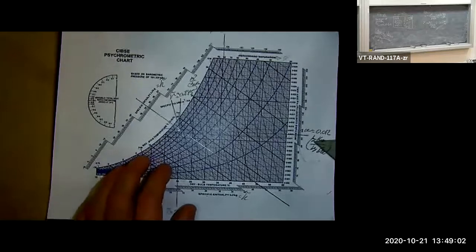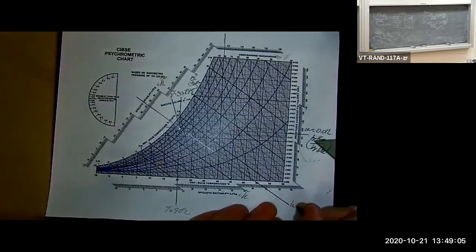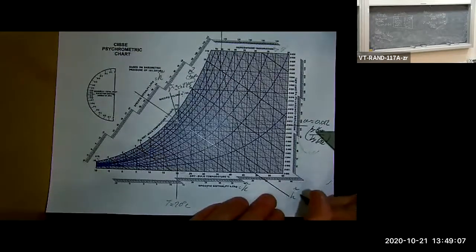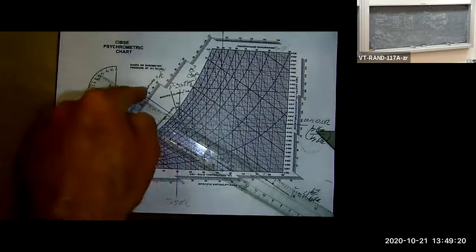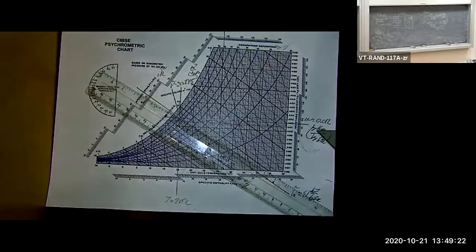Okay, so it looks to me like H tilde is approximately equal to about 51 kilojoules per kilogram dry air. So the axes here and here give you specific enthalpy, H tilde.